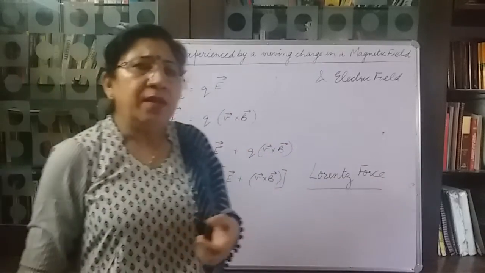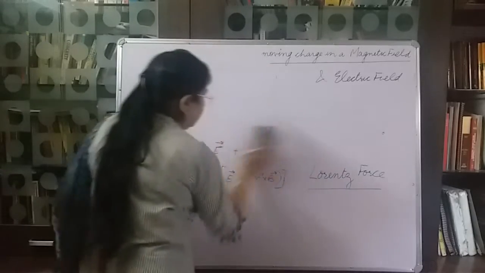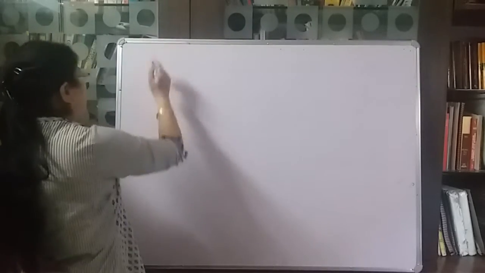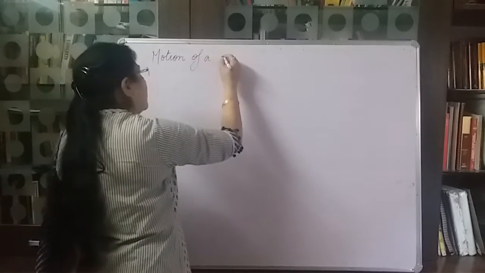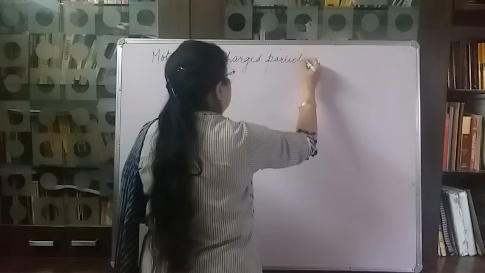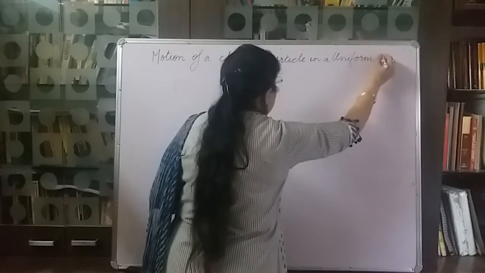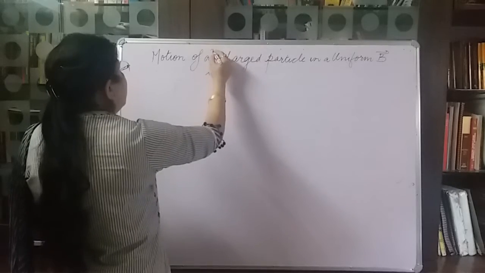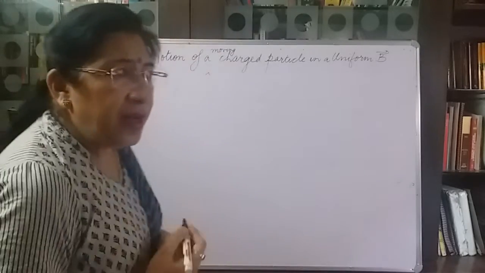Now let us see the motion of a moving charged particle in a uniform magnetic field. There are three cases here.